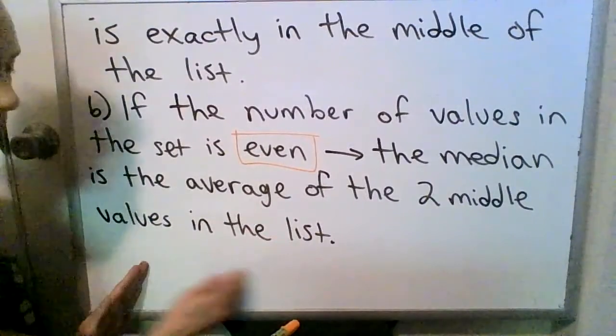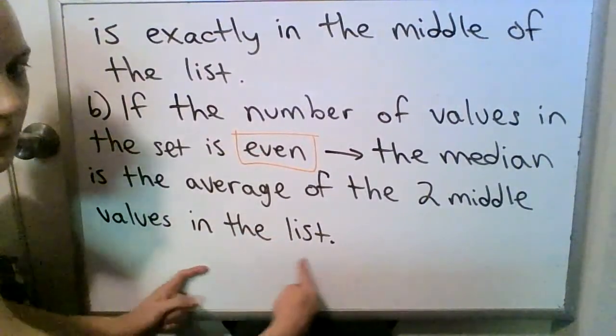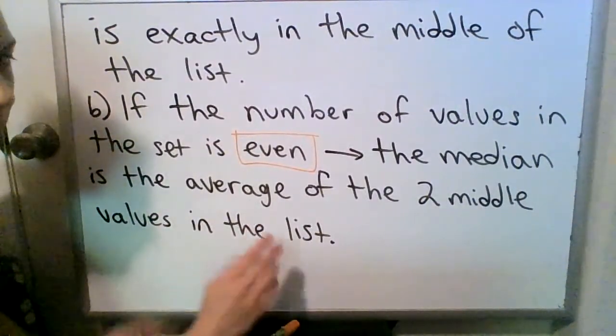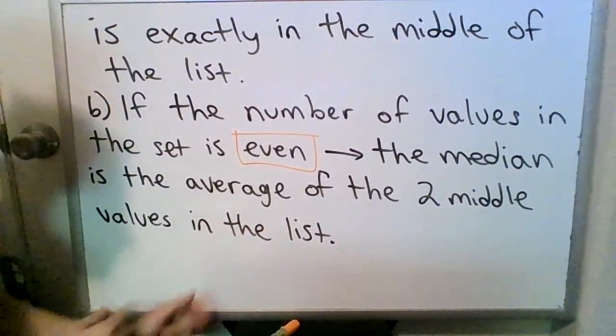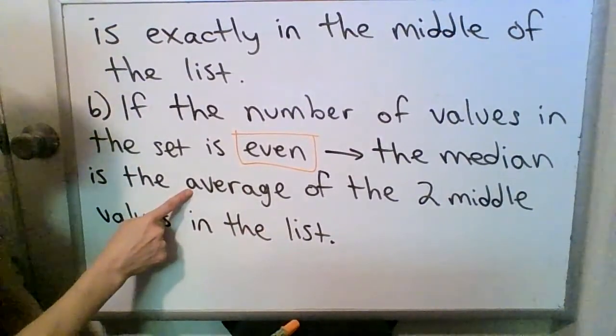So this time you have your list in order. We'll go to the middle and there's two numbers there. We'll add them together and divide by 2, find their average, and that will be the median.